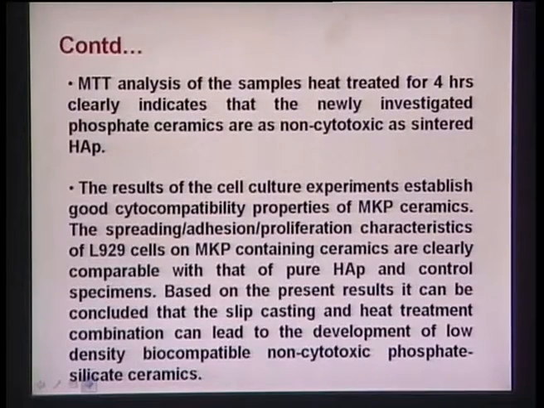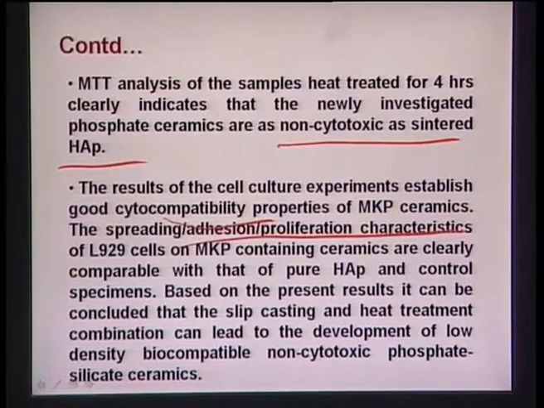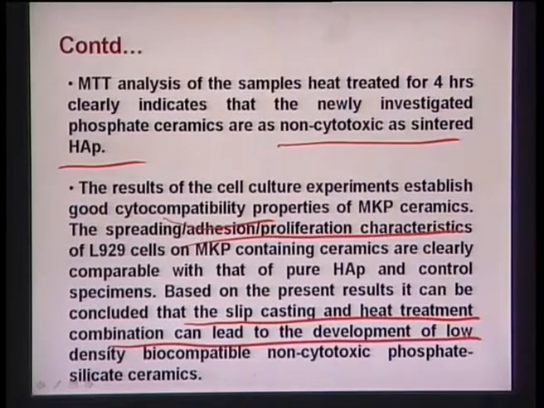MTT analysis of the samples indicates that these newly investigated phosphate ceramics are as non-cytotoxic as sintered hydroxyapatite. On the basis of this good cytocompatibility, spreading, adhesion and proliferation, we believe that the combination of slip casting and heat treatment can lead to the development of low density biocomposites with non-cytotoxic properties.